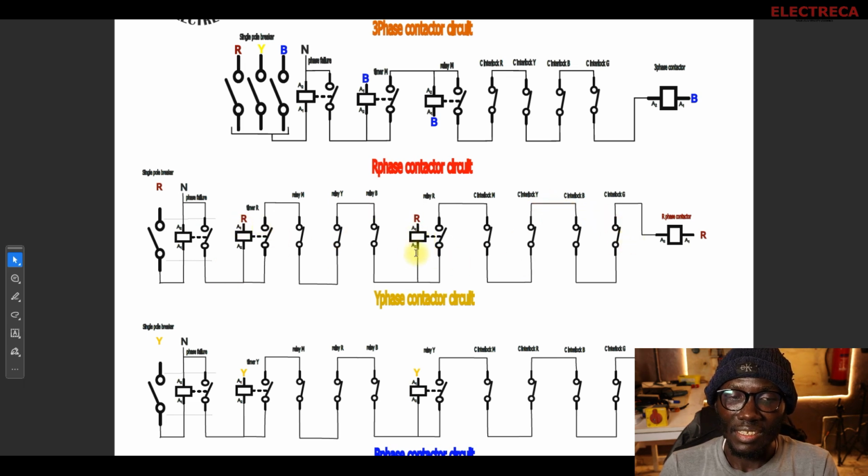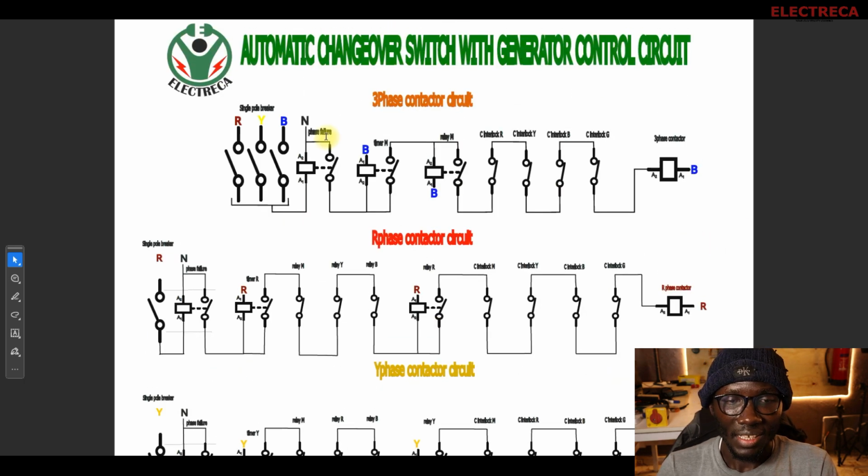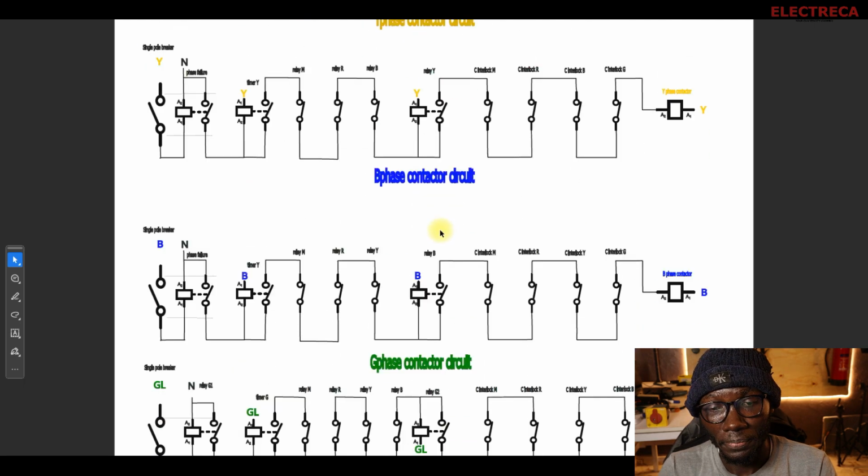This is a relay, it has an R, and the coil itself also an R. In the main circuit, the phase goes to A1 of the phase failure, and after the phase failure it's neutral. There is no phase that goes through our circuit apart from completing the circuit on the coils.